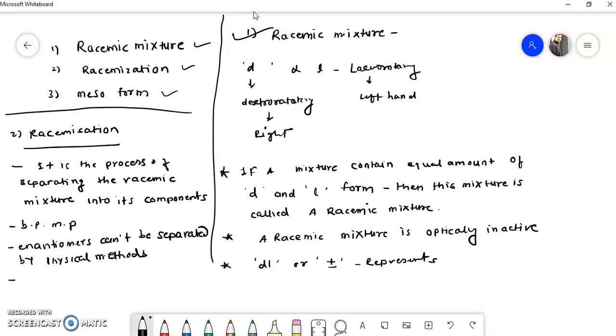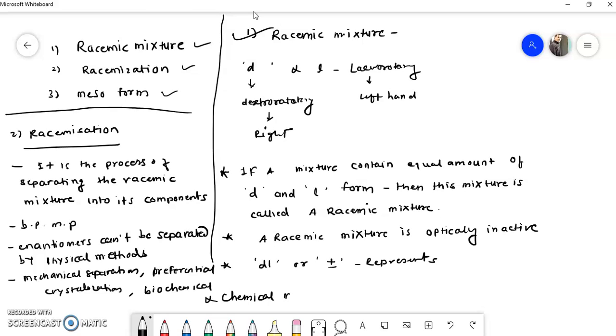Remember, this racemization is done by mechanical separation, preferential crystallization, and biochemical and chemical methods.